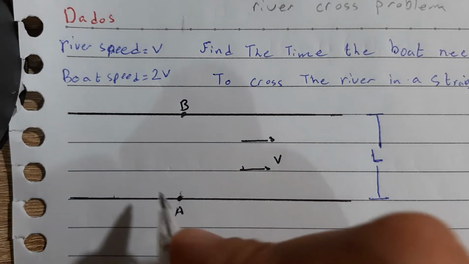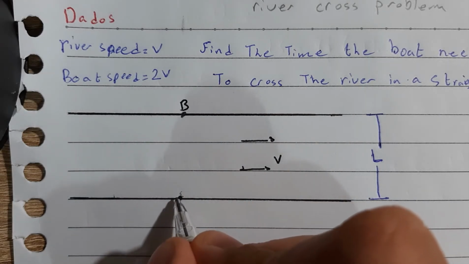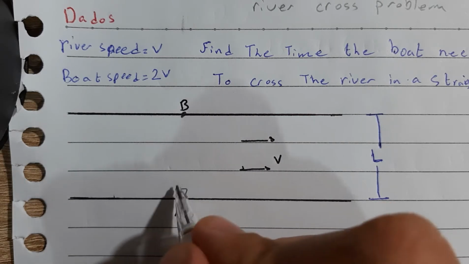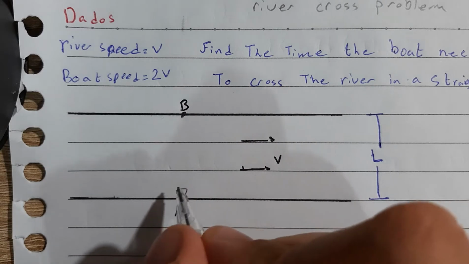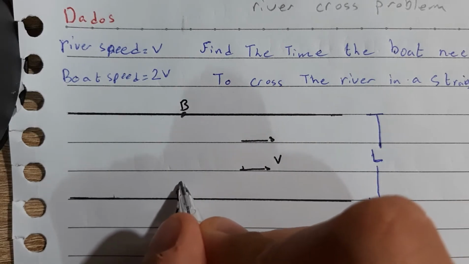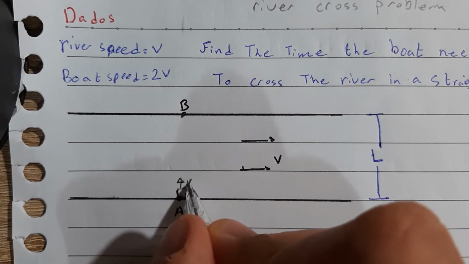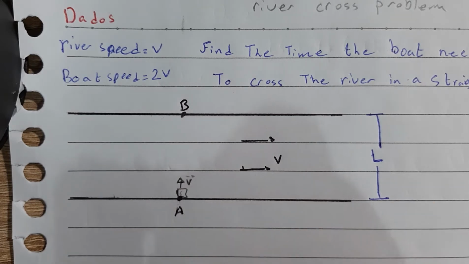So look, let's say our boat is here, right? So this is the boat. Now we're going to represent his velocity with a vector, okay? So let's say he has his velocity over here.